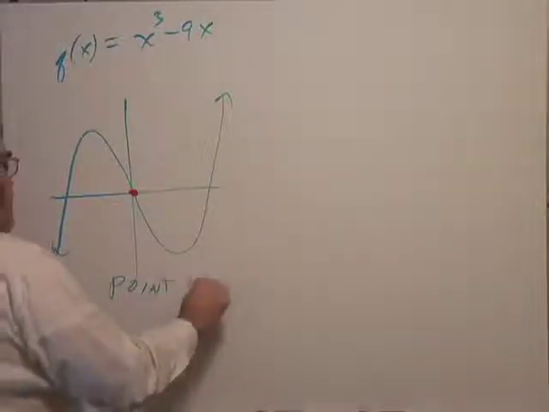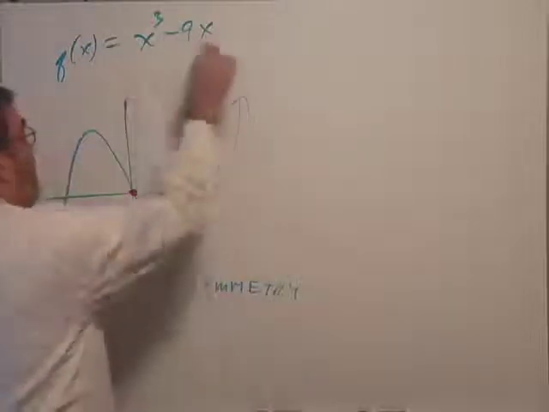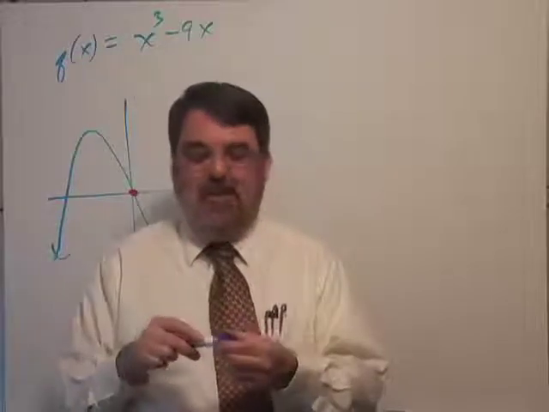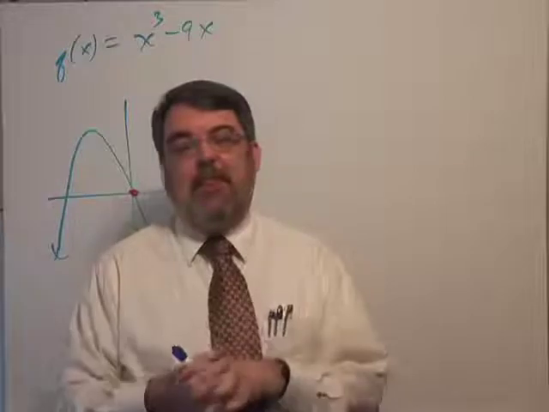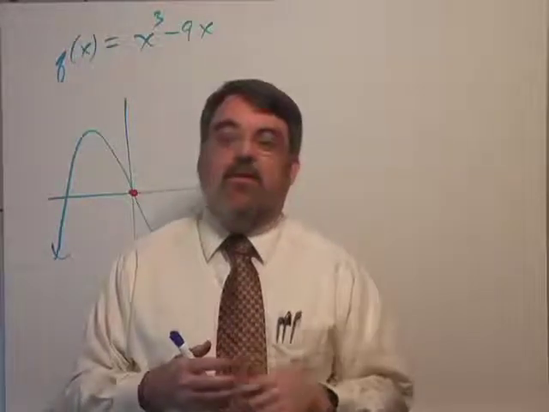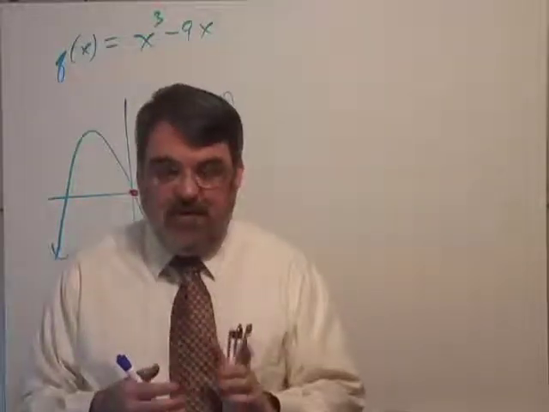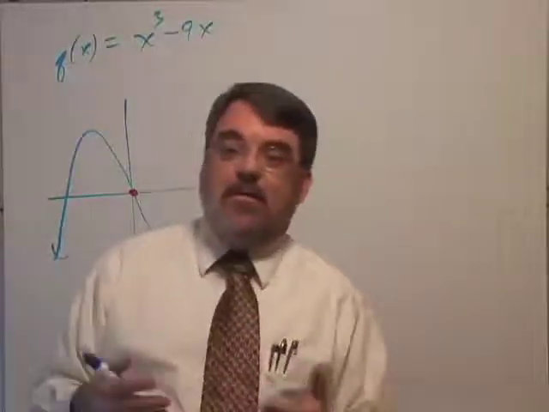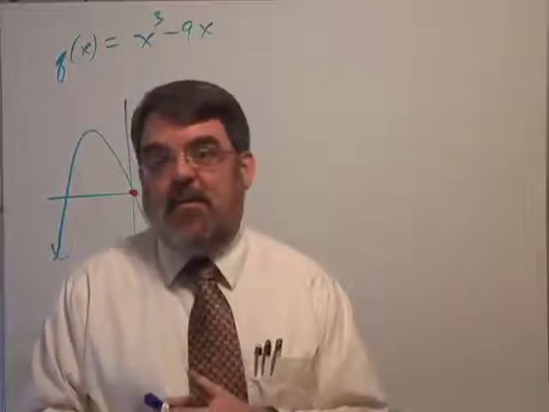Actually, all graphs of third degree polynomials have point symmetry, which is kind of interesting, I think. All graphs of second degree polynomials have line symmetry. So you find line symmetry in second degree functions and point symmetry in third degree functions. You find it in other functions, but it's a little more limited. They may or may not have those features.